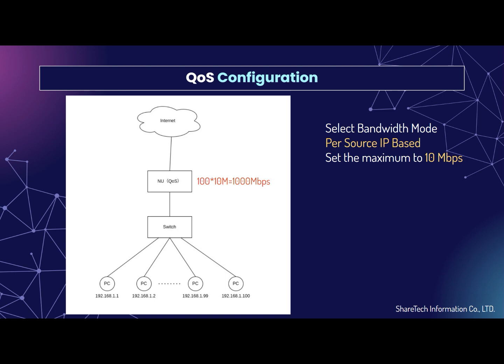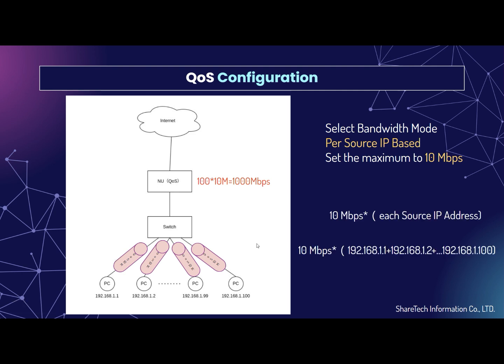This way, it can be properly allocated. But if more IPs are used, it will lead to inaccurate allocation. The calculation method is like this.